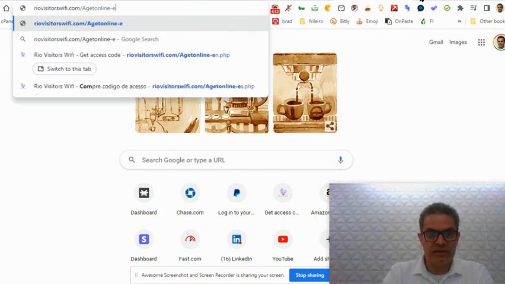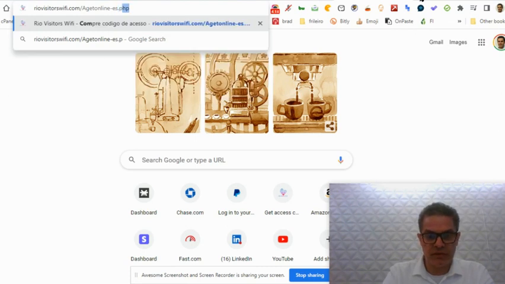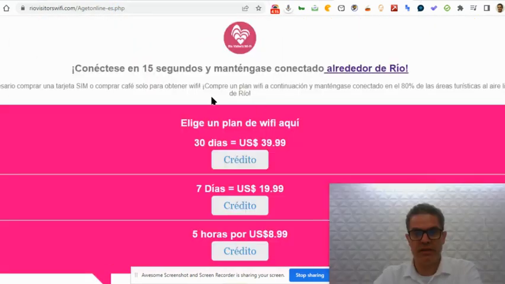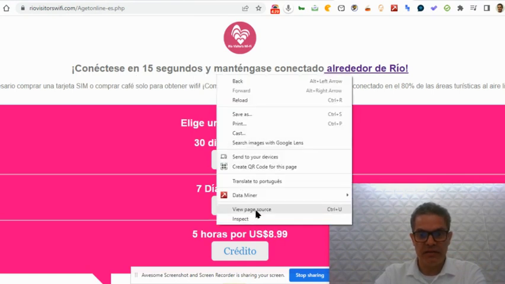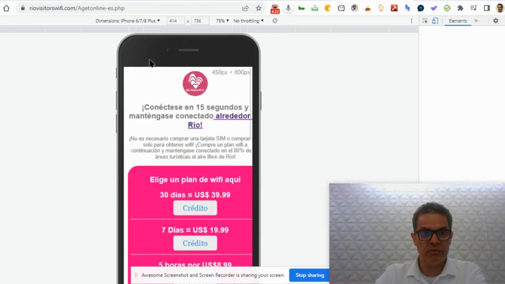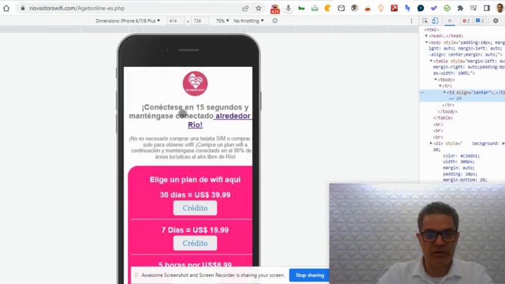It was fun because this worked differently for the Spanish-speaking market. In the Spanish-speaking market, we figured out that this sells better. It says "Connect in 15 seconds and stay connected around Rio."